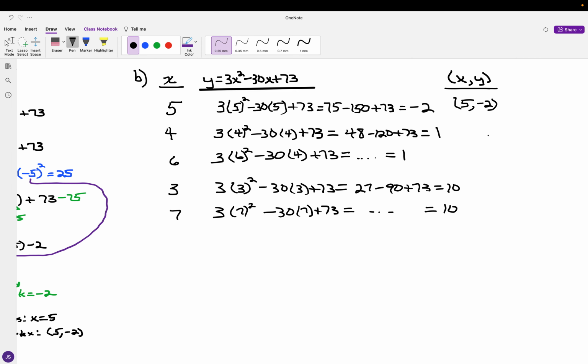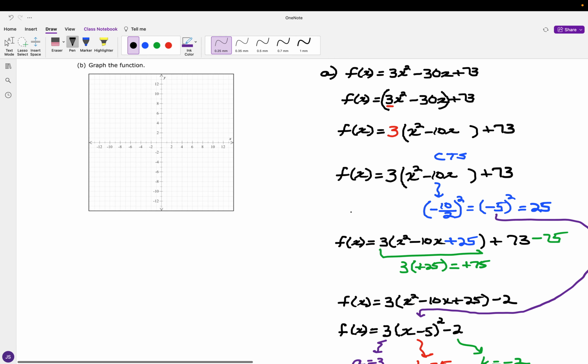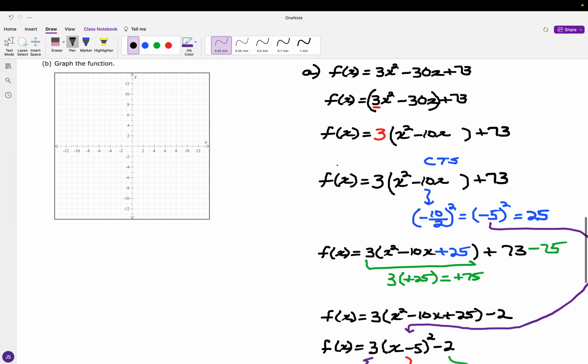So the ordered pairs we're going to have in the mix are 4, 1, 6, 1, 3, 10, and 7, 10.